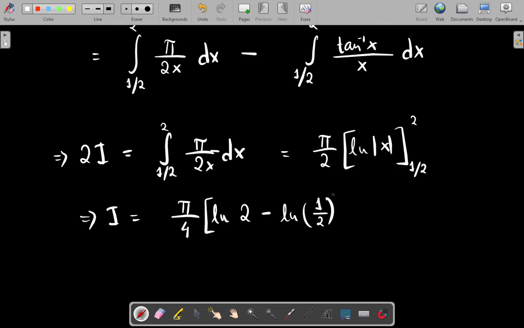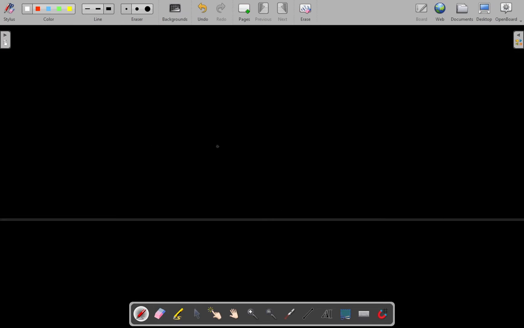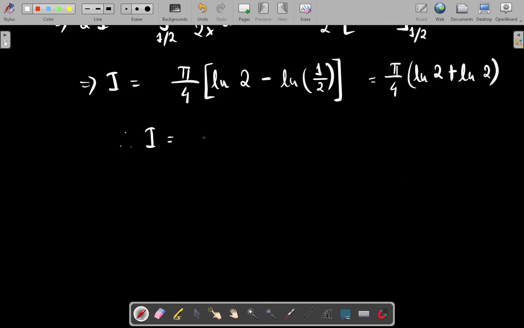Now ln half is ln 2 to the power minus 1, so the minus comes in front of the second ln and it becomes plus. So this becomes pi by 4 times ln 2 plus ln 2, so I equals pi by 4 times 2 ln 2, which finally comes to pi by 2 times ln 2.